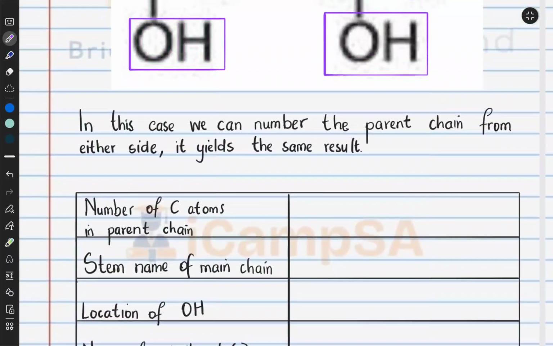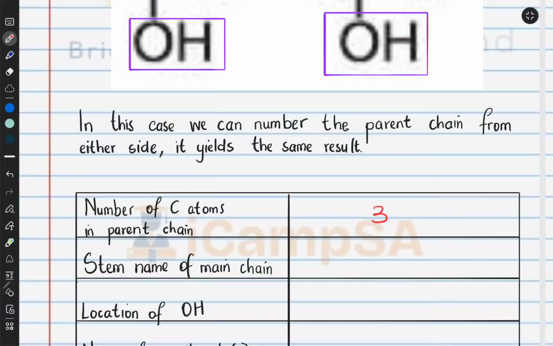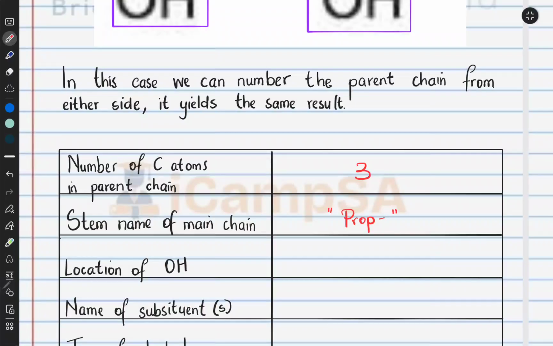All right, so how many carbon atoms are in the main chain? We found 3. The stem name of the main chain would be prop, because there are 3 of them. The locations of the OH groups are 1 and 3.